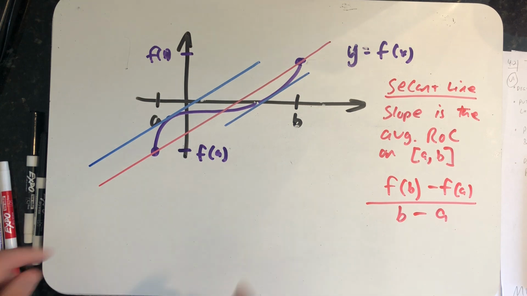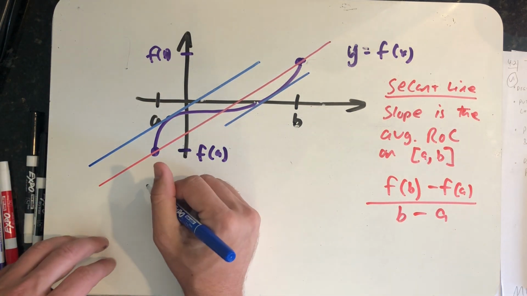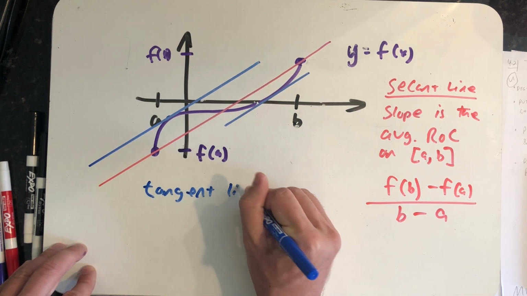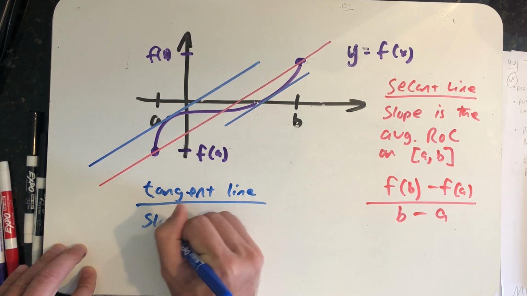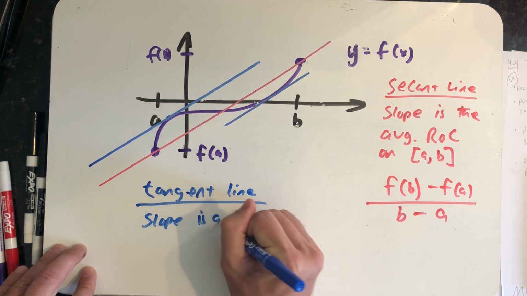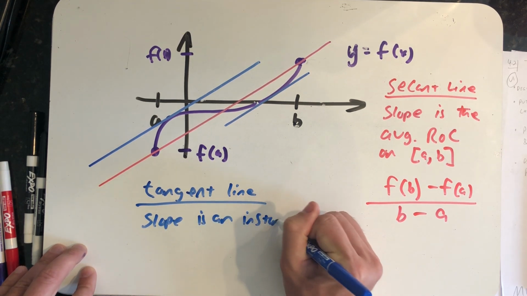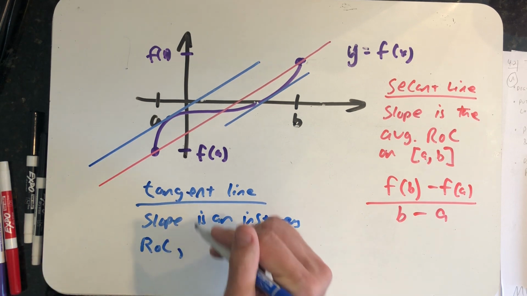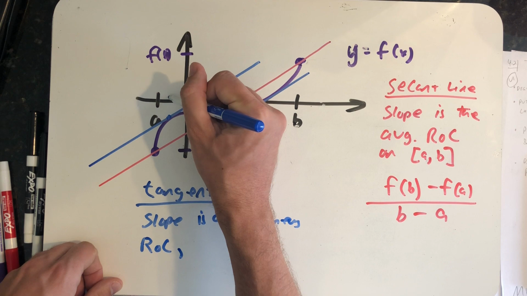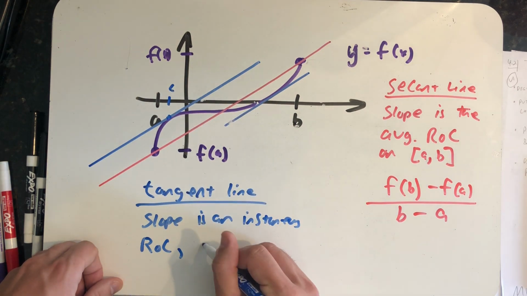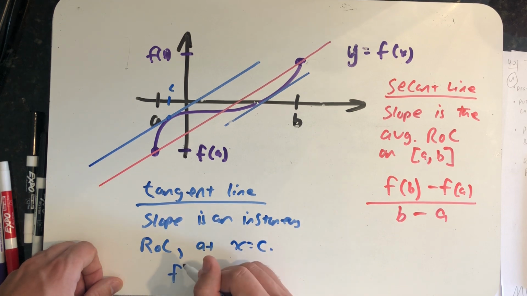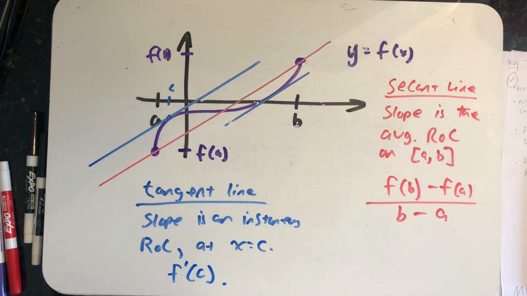Okay, so now that we have these tangent lines drawn, let's remember that when talking about a tangent line, the slope is an instantaneous rate of change at a particular point, and I'll call that point C. And in fact, I'll label this one C. But more than that, the slope of that tangent line is the first derivative evaluated at that x value.